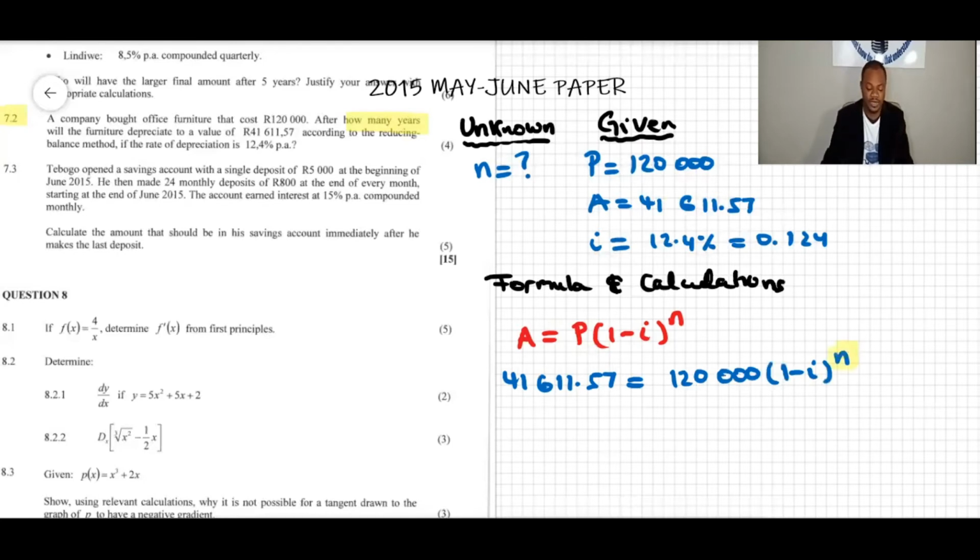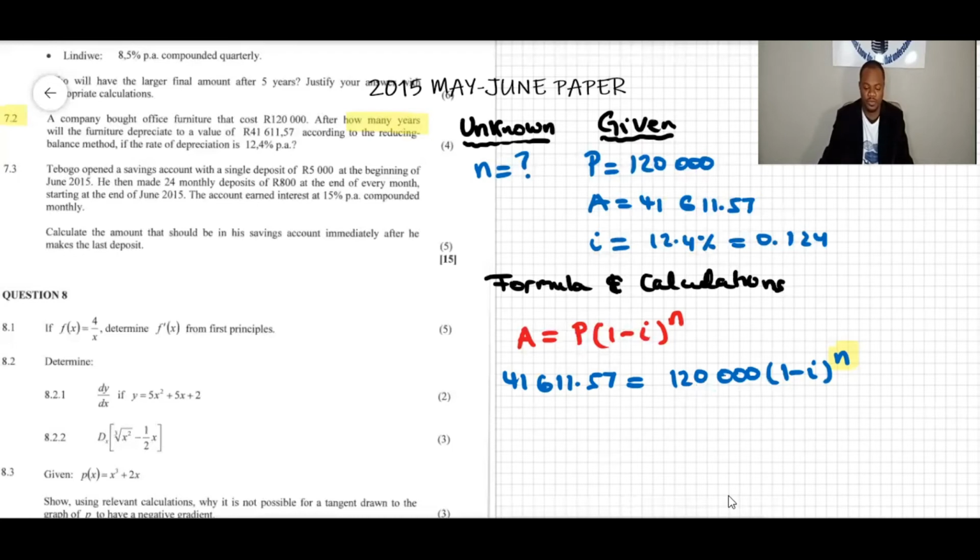Now I can get rid of the numbers next to the exponent. I can divide by 120,000. Because the unknown is an exponent, we can apply logs.